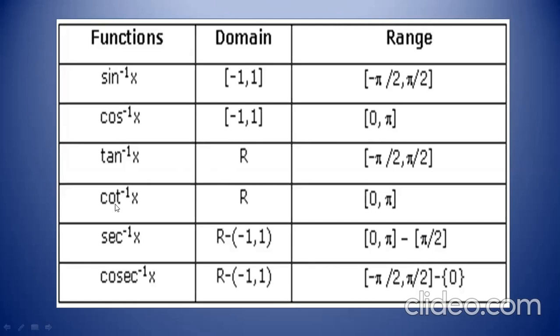Domain for cot inverse x is R, and range for cot inverse x is the closed interval 0 to pi. Domain for sec inverse x is R minus the open interval (-1, 1), and range for sec inverse x is 0 to pi except pi by 2. Domain for cosec inverse x is R minus the open interval (-1, 1), and range is -pi by 2 to pi by 2 except 0.